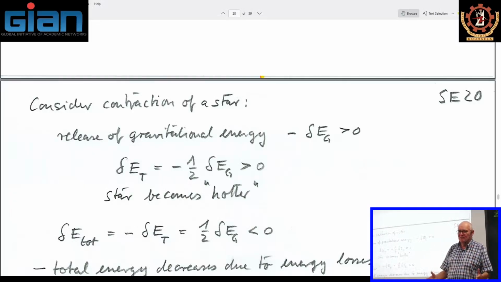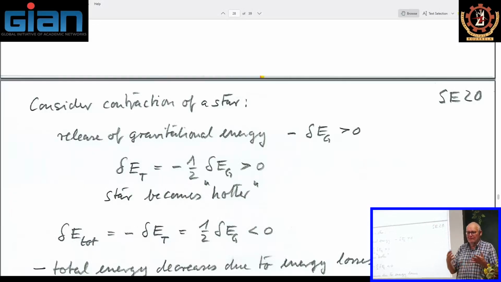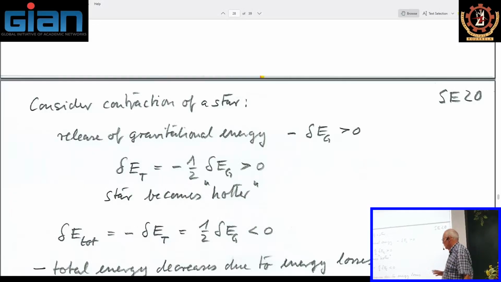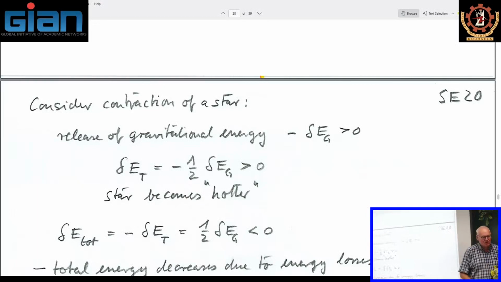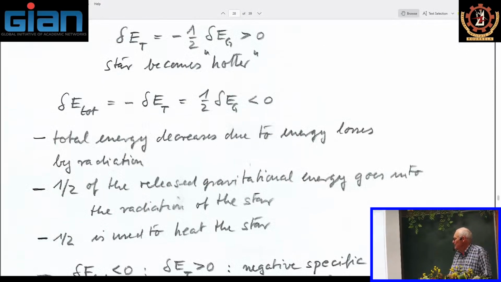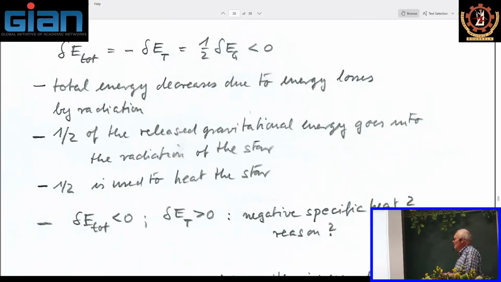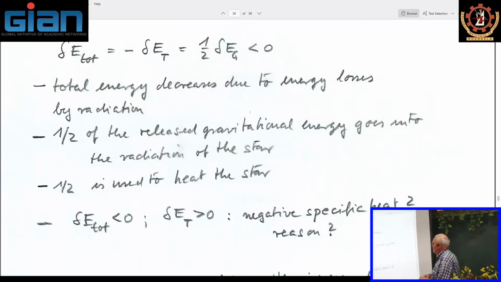All systems we know on Earth show the opposite. If they radiate energy away, if they lose energy, they become colder, they do not become hotter. So a decrease in total energy is associated with an increase of the thermal energy.